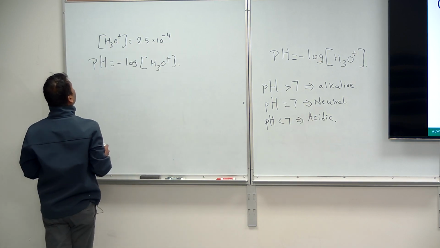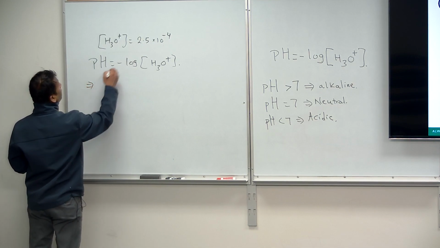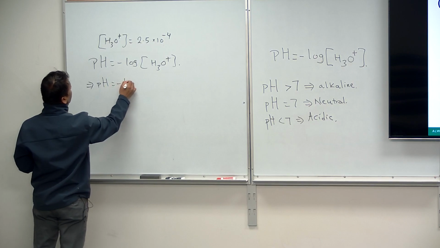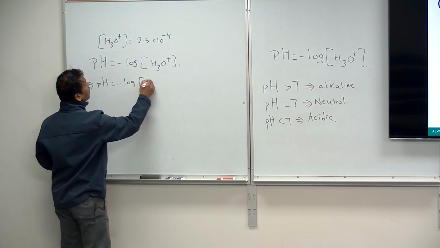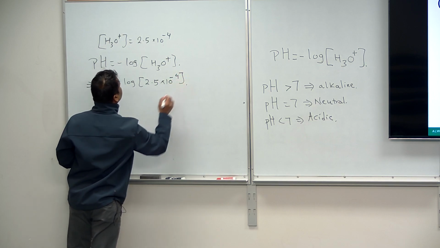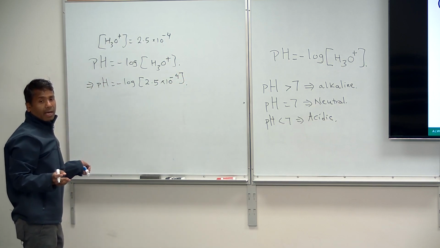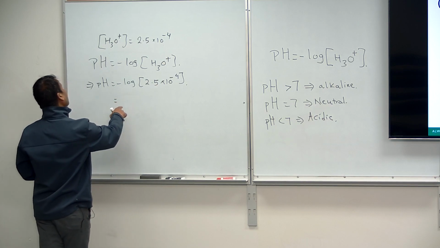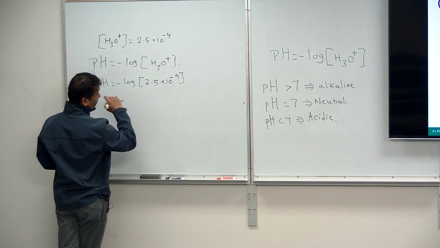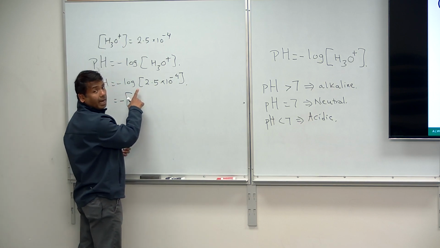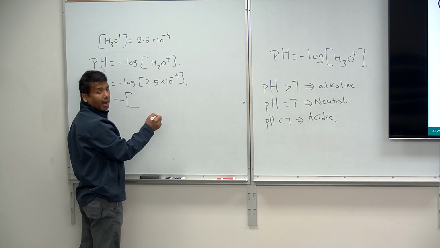So we plug in the value of H3O+, so this equals negative log of 2.5 times 10 to the power what? Negative 4. And use the calculator, guys. You can use the calculator to find this, okay? So you can use the properties of logarithm. You know the logarithm of the product is the sum of the logarithms, right?